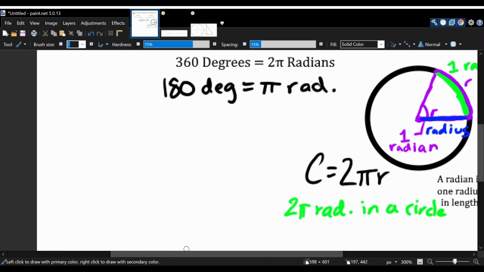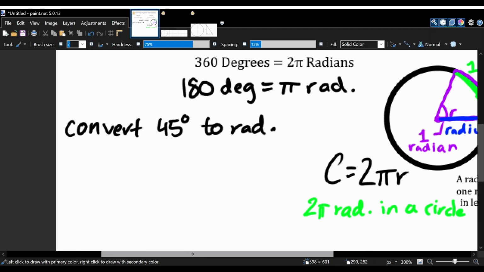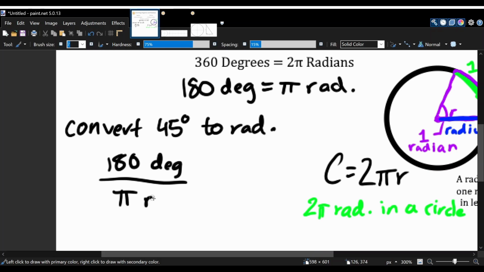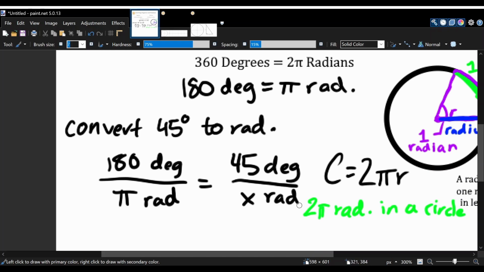In a conversion problem, for example, if we are told to convert 45 degrees to radians, the way you could do this is 180 degrees over pi radians is equal to 45 degrees over x radians.